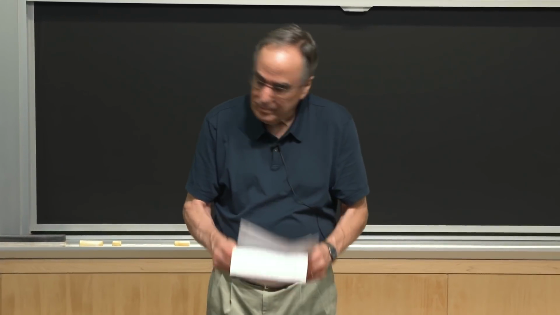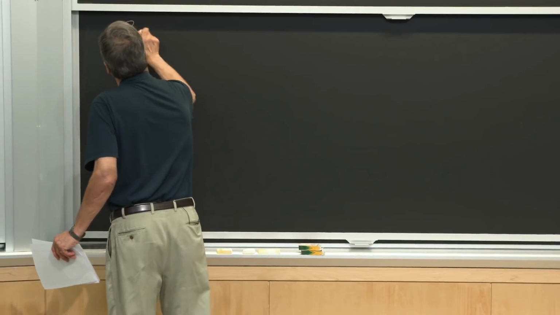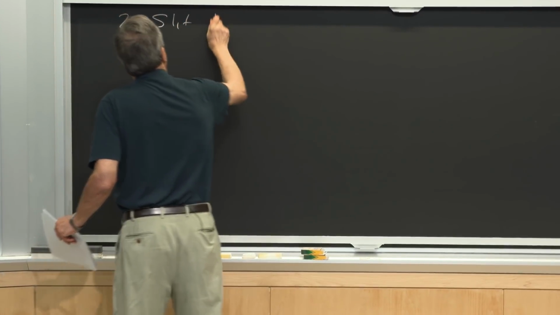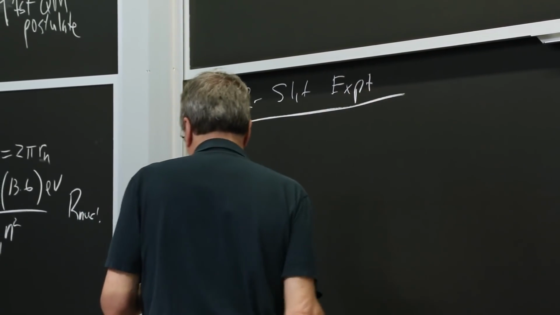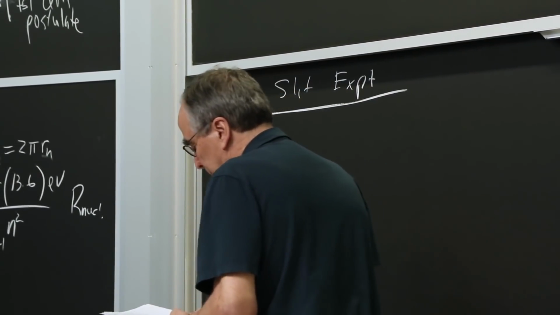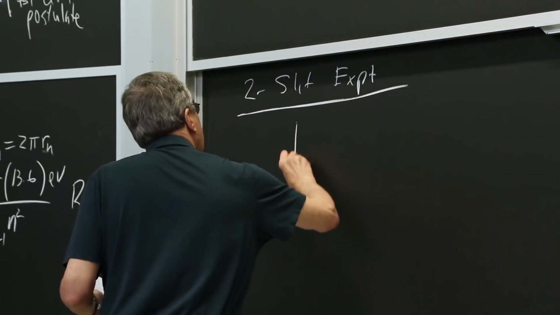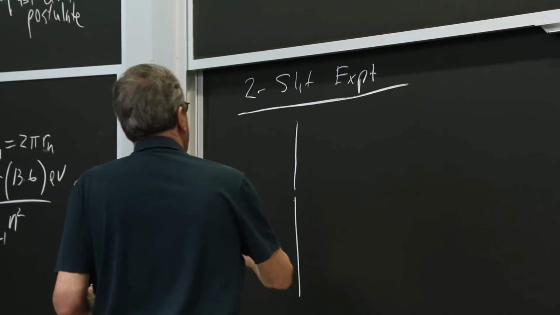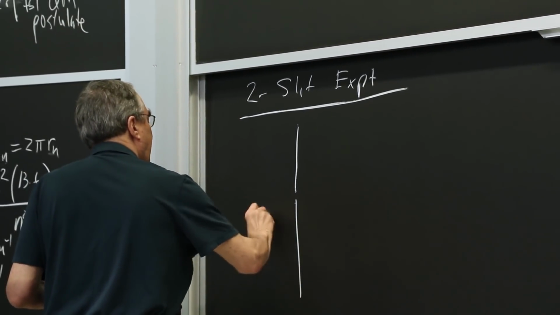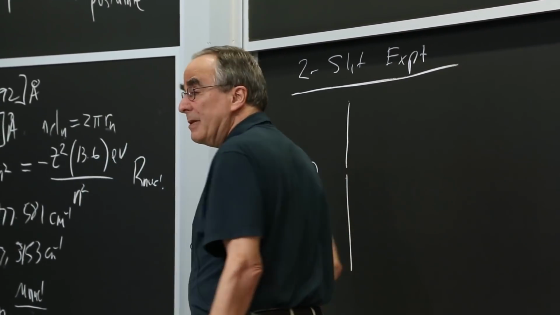Okay. So now what we want to do is talk about the two-slit experiment. All right, well, let's just begin. So here's a diagram, and here we have a source of light. It's a light bulb in your notes.